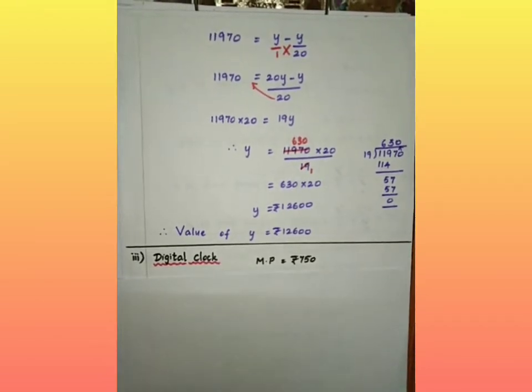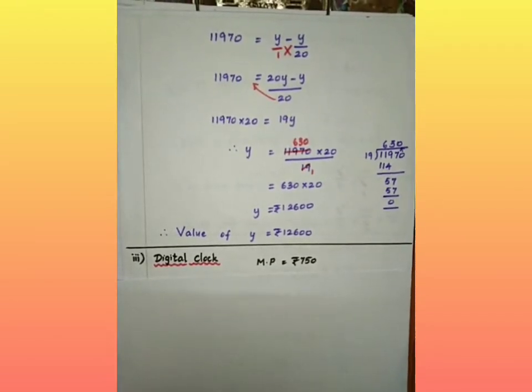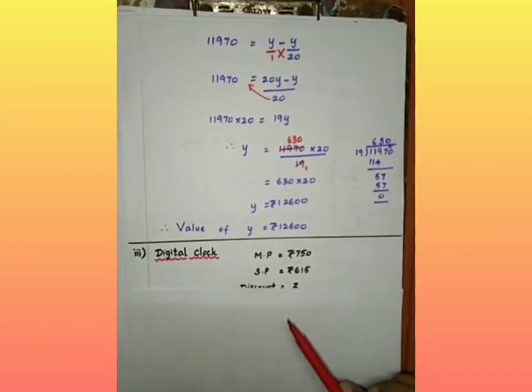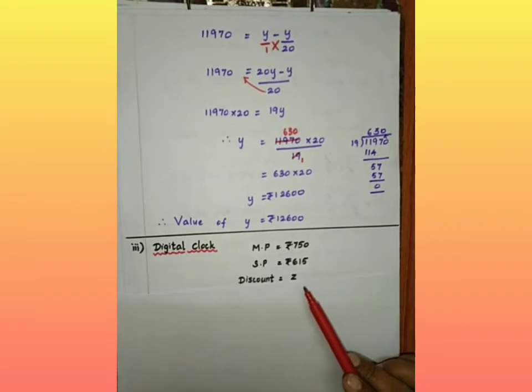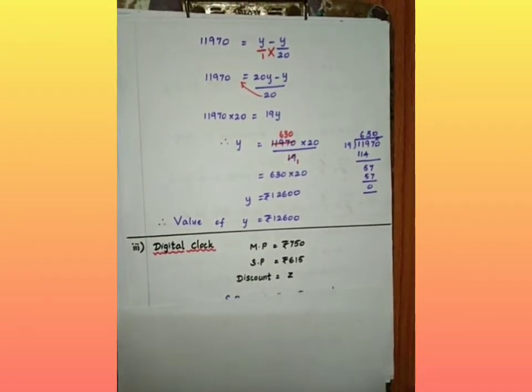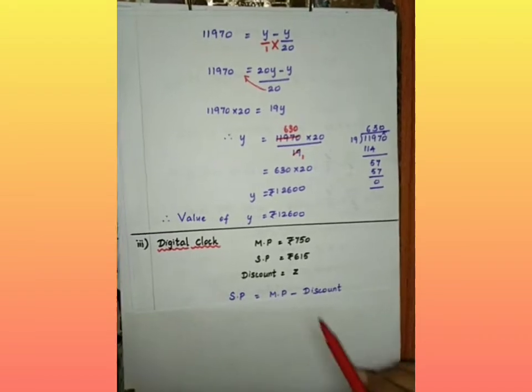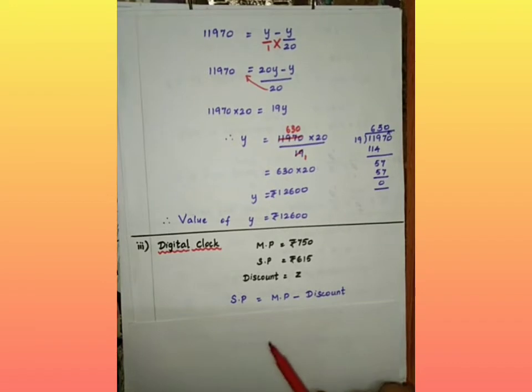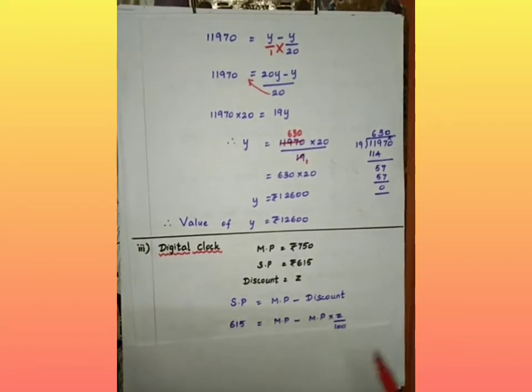Then third subdivision, digital clock. Here MP is given as rupees 750 and SP is given as rupees 615, and the discount value is z percentage. Now we are going to find the z value. The same formula we are going to apply. Therefore SP equals MP minus discount.